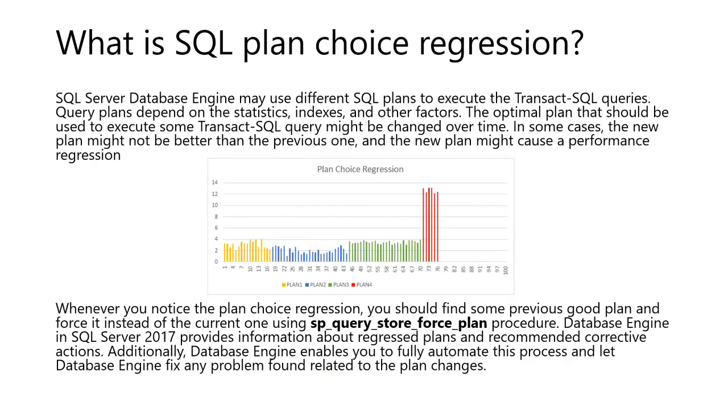So this is mainly focused on the problem where we encounter plan regressions because of situations such as, for example, a change of indexes. So we keep running at a certain duration and suddenly, boom, it goes through the roof because the current plan is not as good as before, right?